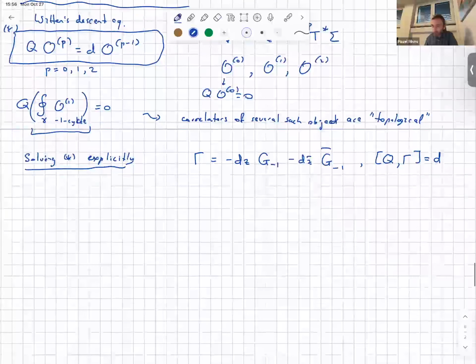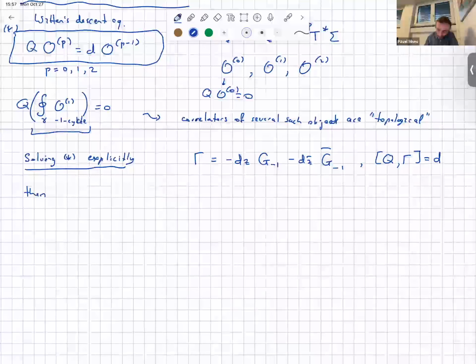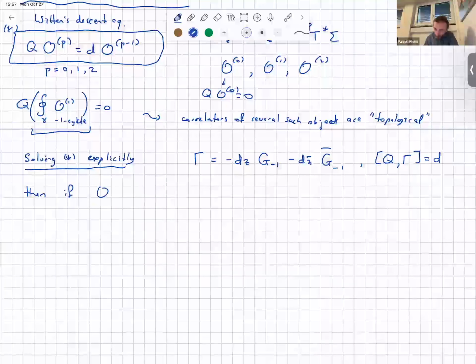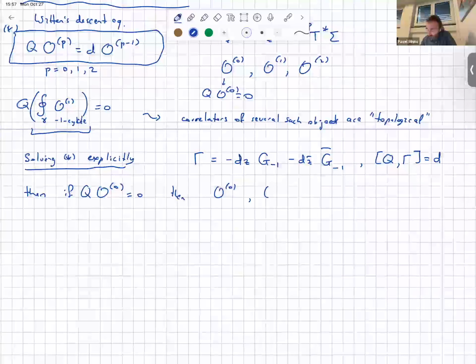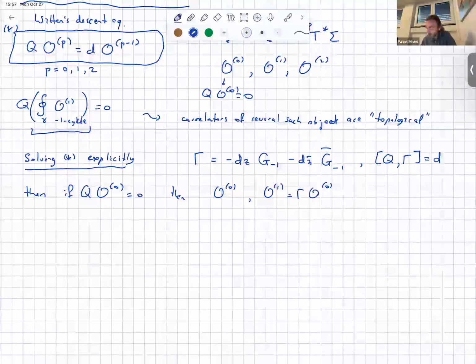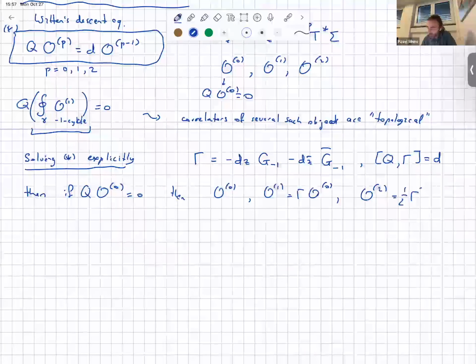So then if I start with some O0, some zero observable, such that it's closed under Q, then I can construct O1, I can define it as gamma applied to O0. And then I can construct O2 as half gamma applied twice to O0.